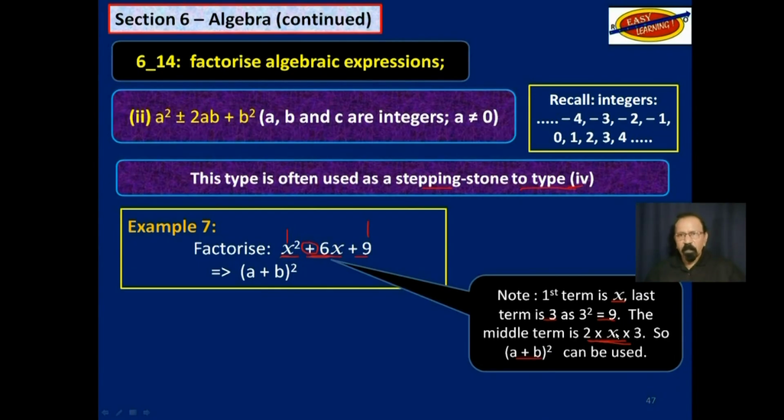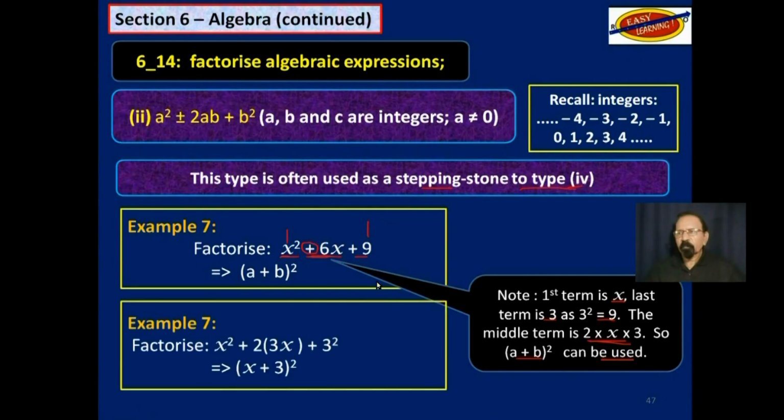So A plus B can be used. Example 7, factorize this. That's the same example we had up here. So this is A, that is B, this is the 2, and that is AB. So x squared plus 6x plus 9, we can factorize it as this, x plus 3 squared.